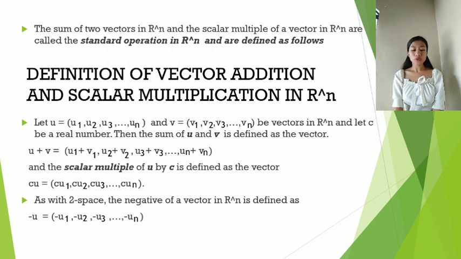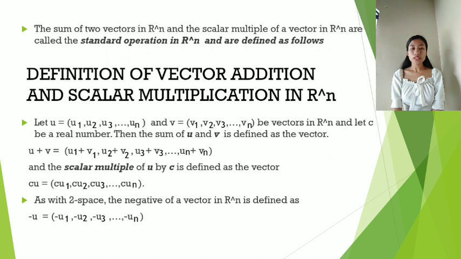Let U is equal to (u sub 1, u sub 2, u sub 3, ..., u sub n) and V is equal to (v sub 1, v sub 2, v sub 3, ..., v sub n) be vectors in R raised to n, and let C be a real number.